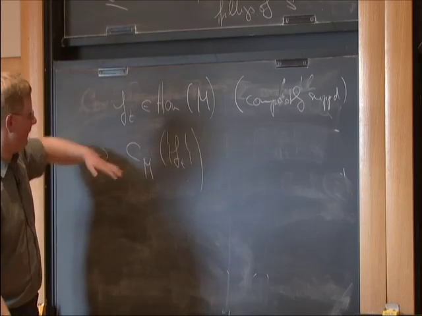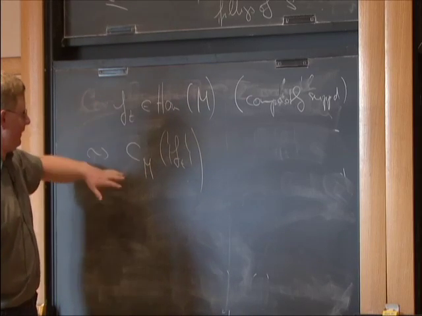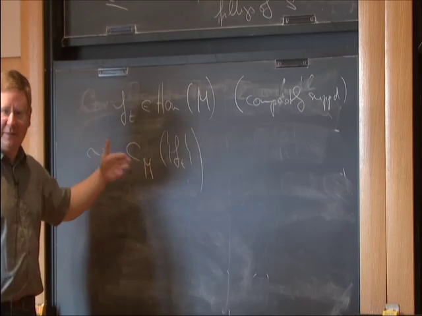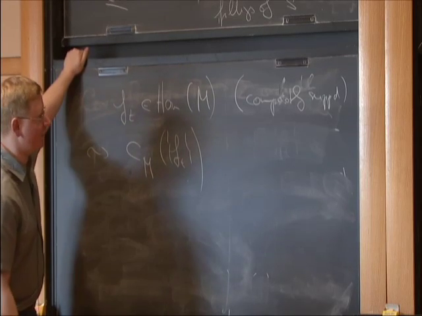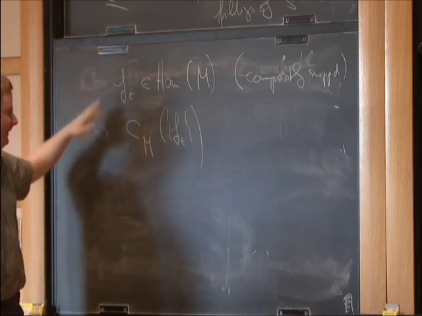I didn't tell you how to define them, but they go basically back to Viterbo. These spectral invariants are all over the map in symplectic geometry.